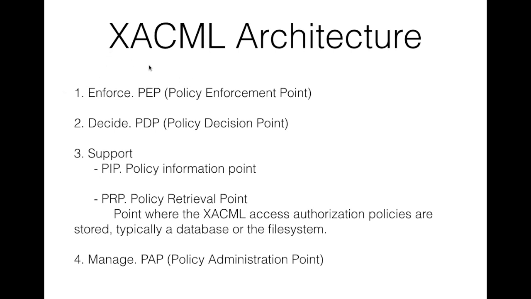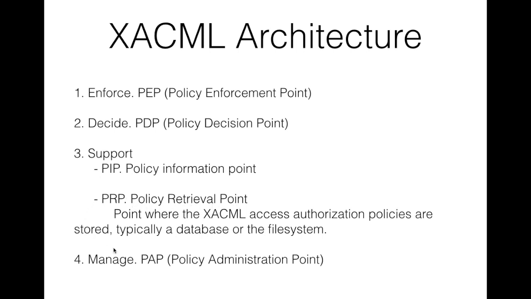The XACML architecture has four parts. First, the part of enforcement, the PEP, policy enforcement point. Then the part to decide, the policy decision point. And the support, which will be the PIP, policy information point, and PRP, policy retrieval point.